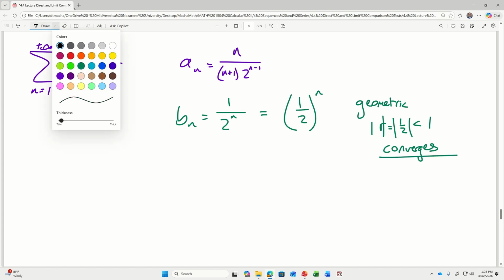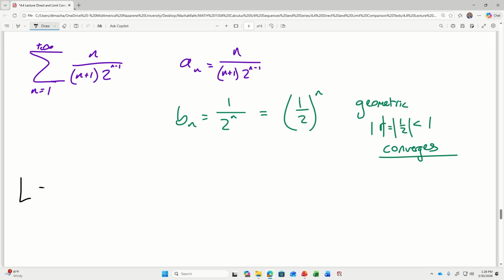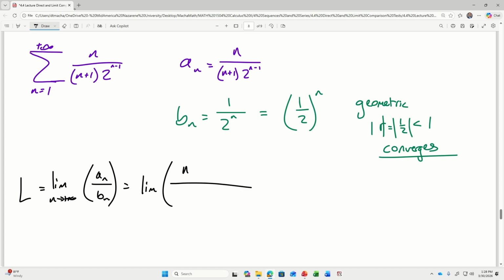For this, I think we're going to need the limit comparison test. So we take the limit as n approaches infinity of the ratio a_n over b_n. So that's going to be the limit of n divided by n plus 1 times 2 to the power n minus 1. And then also in the numerator, we're going to have 2 to the n because we're dividing by the b_n.